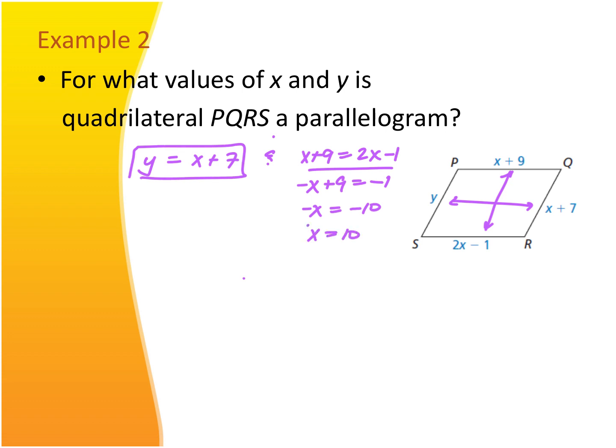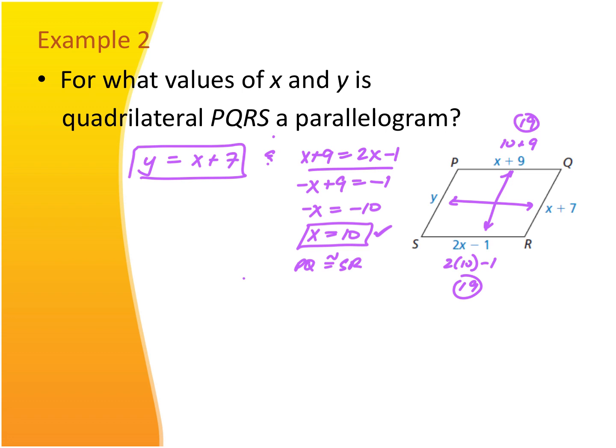So if x is 10, my PQ is going to be congruent to SR. And so again, let's just try it. 10 plus 9 is 19, and 2 times 10 minus 1 is also 19. So notice that's a good thing. So x is 10 is good.